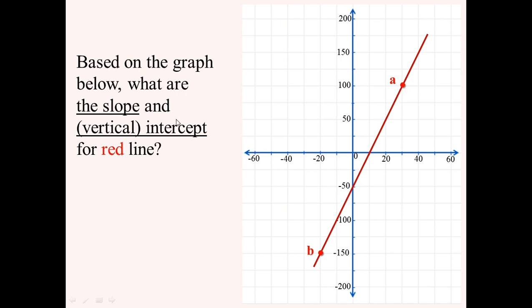Because this is a straight line, I need only 2 points, though there are many points on it; you can take any point. But I take A, this one, and B, this one. Okay, go to C together.